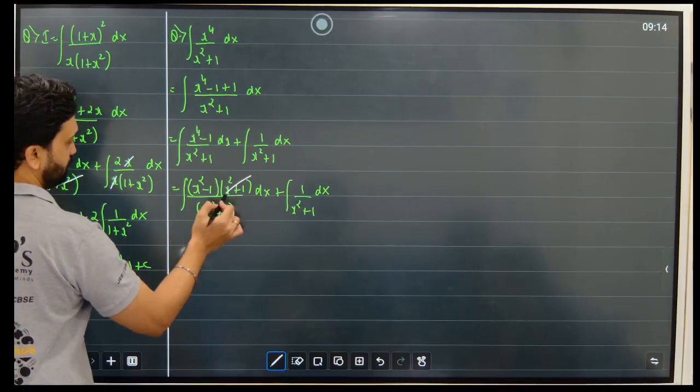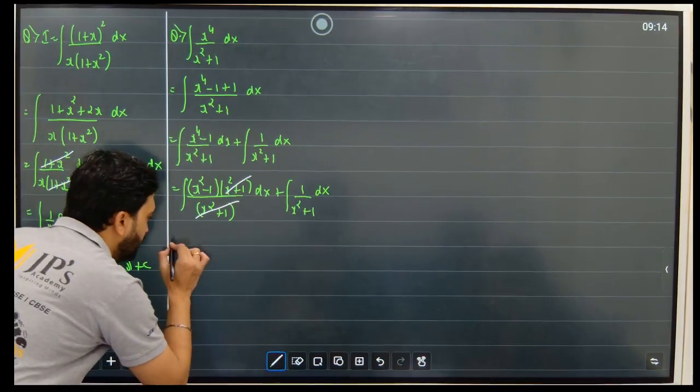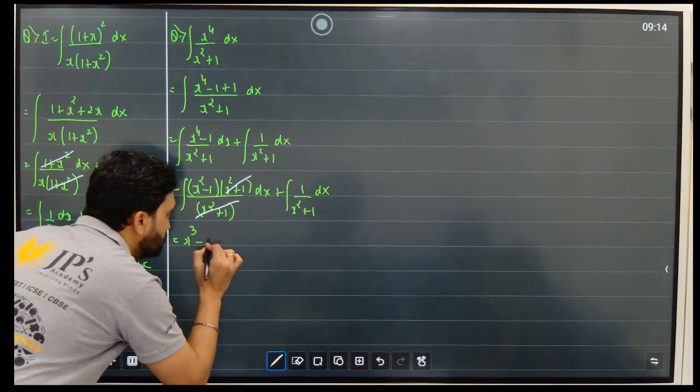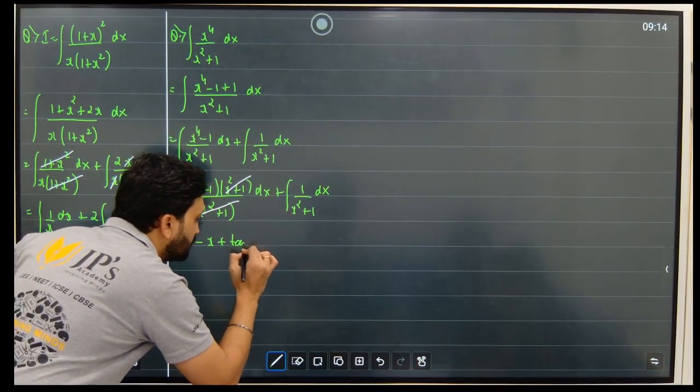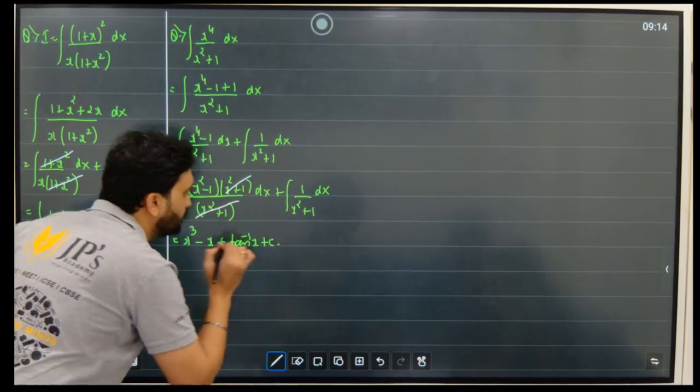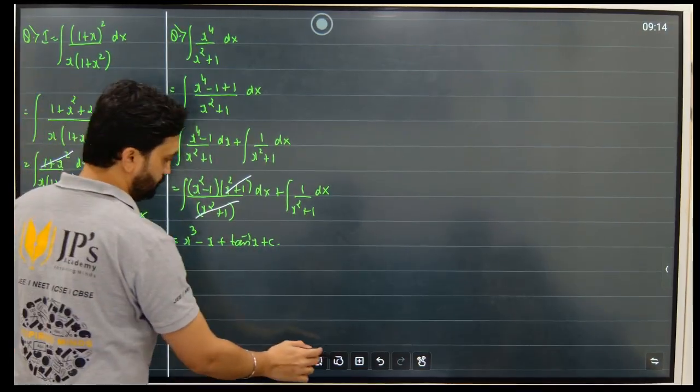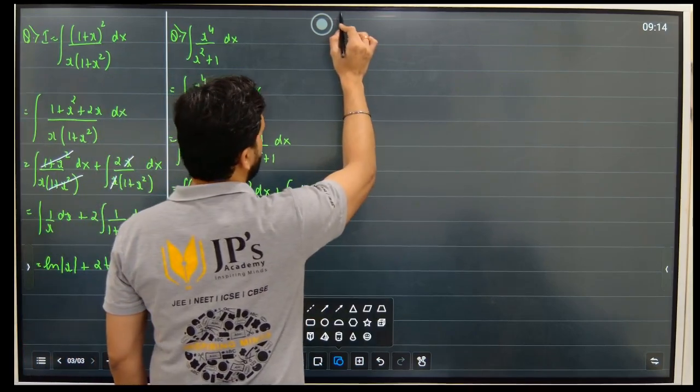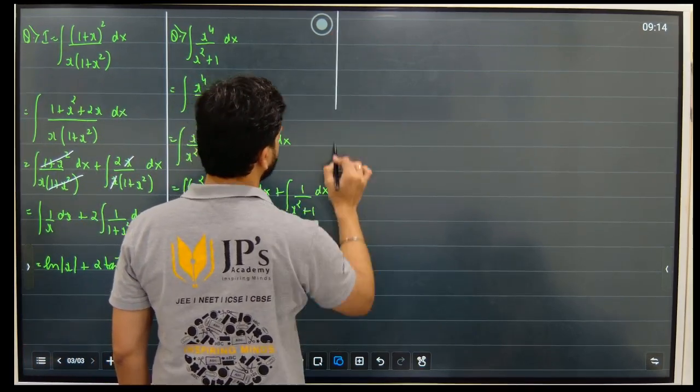This entire term gets eliminated. My final answer is x cube by 3 minus x plus tan inverse x plus c.